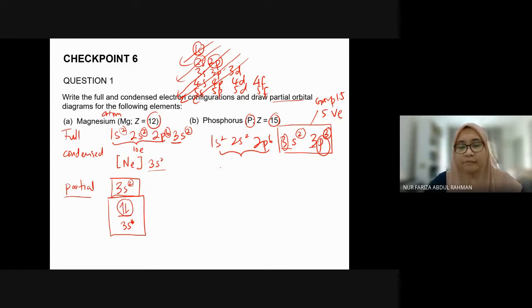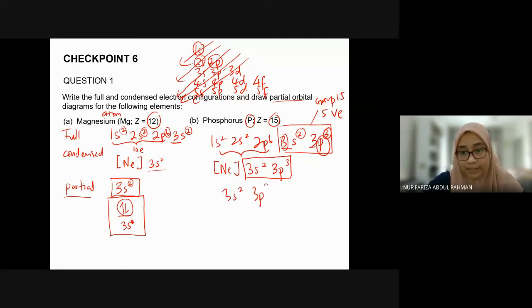That means the noble gas used is the same, which is neon. For phosphorus, we have 3s2, 3p3. And for the partial, it will only include the highest energy sub-level being filled, which is 3s2, 3p3.